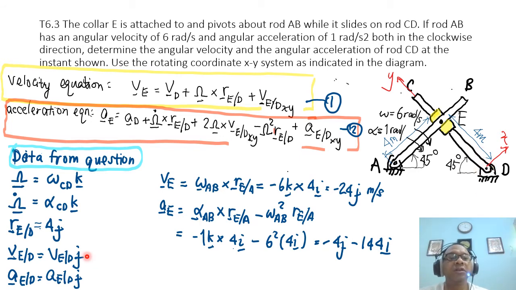Then we have this 6 radian per second and the rotating arm AB.